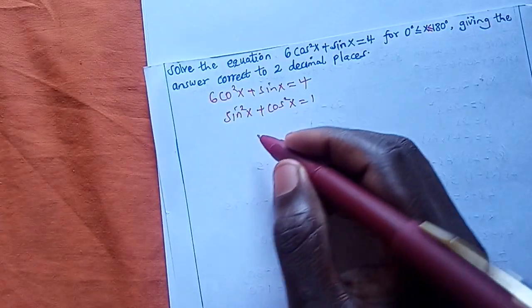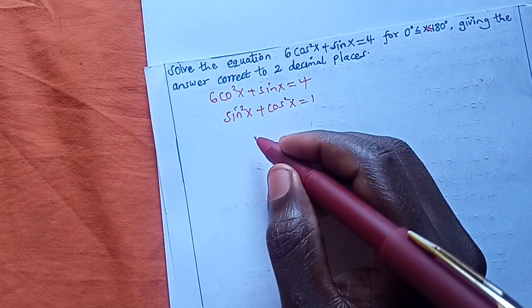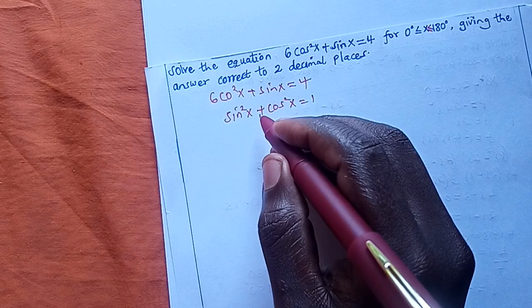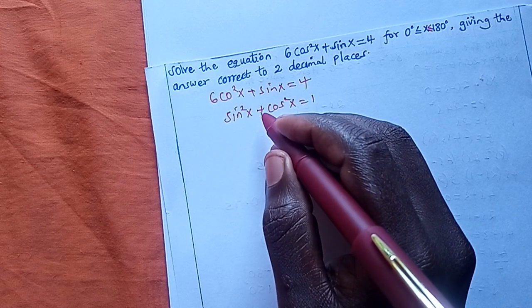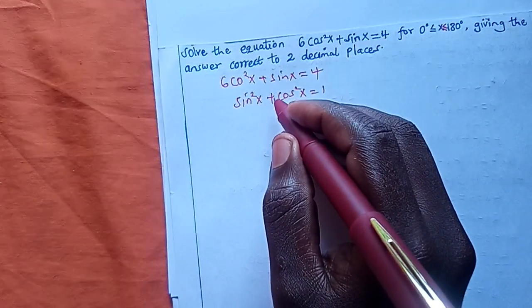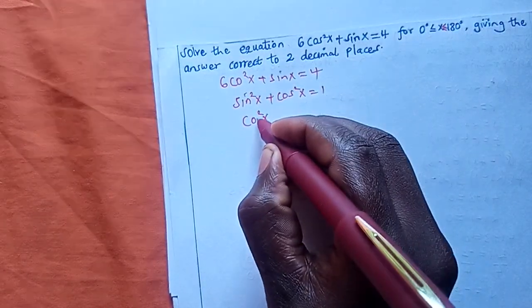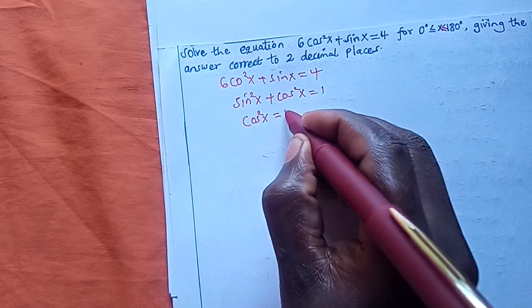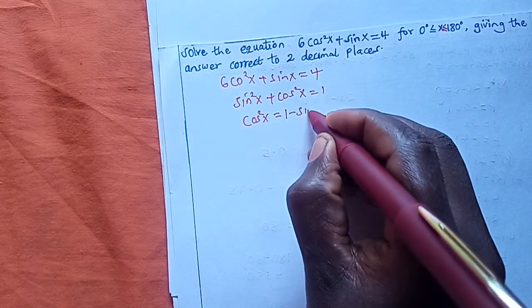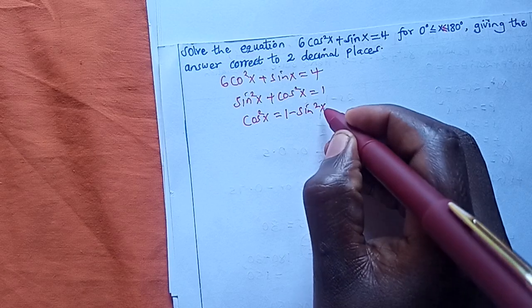Now in this case, we are going to make cos squared x the subject of the formula by saying that cos squared x is equal to 1 minus sine squared x.